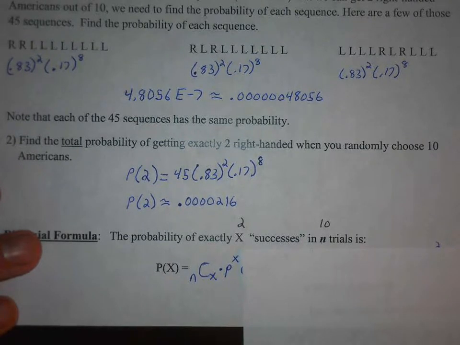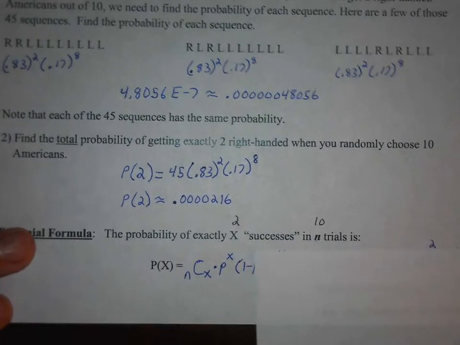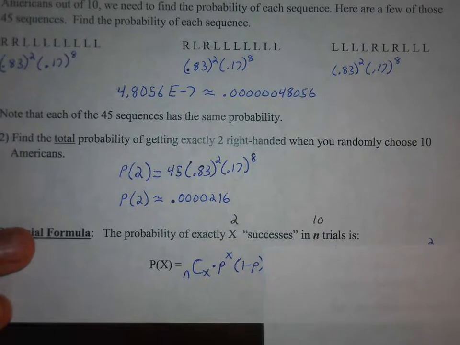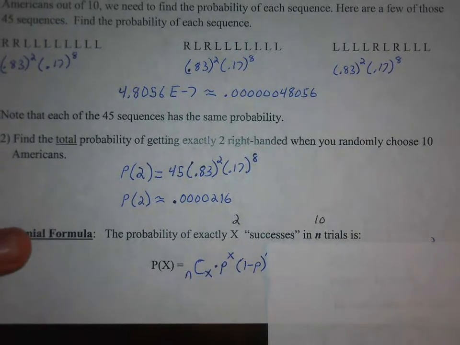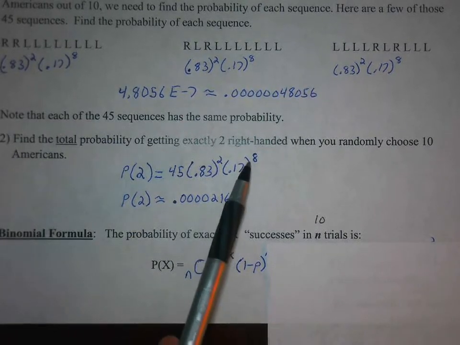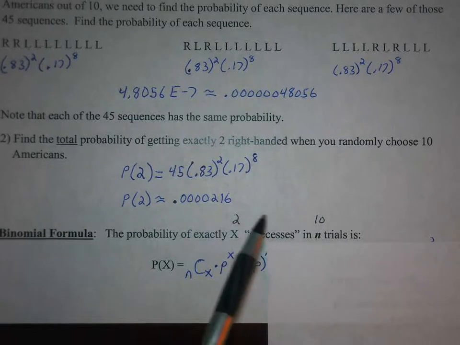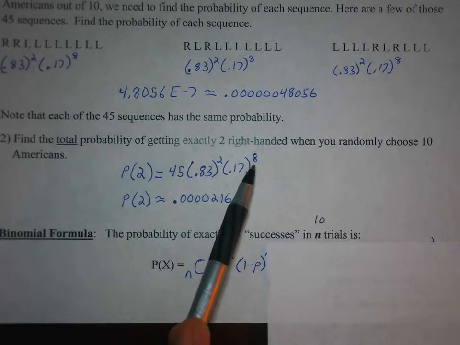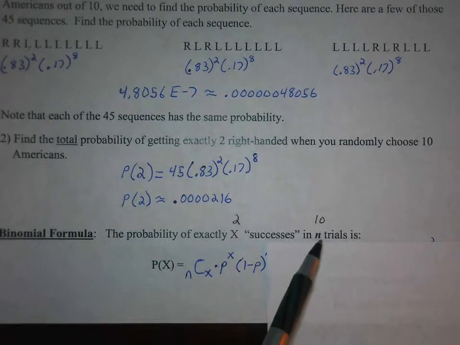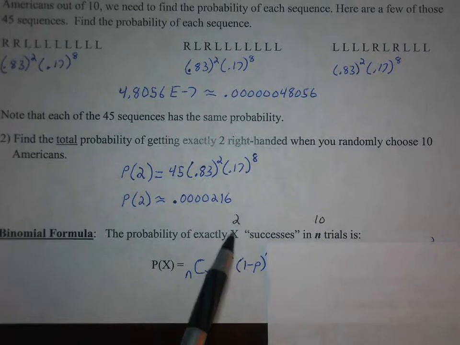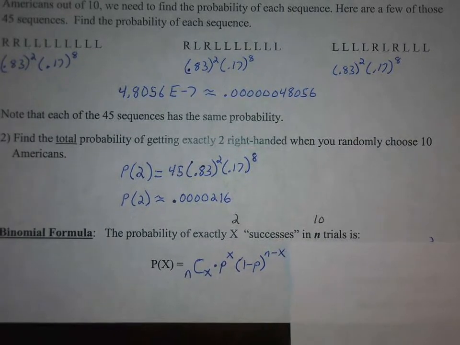times the complement, or the probability of failure, which is 1 minus P. And here's the trickiest part of it, is the exponent on 1 minus P. Well, we see here that it's 8 for our example. Well, 10 subtract 2 will give you the 8. So if you take n minus x, that'll give you 8. So in general, it's n minus x.